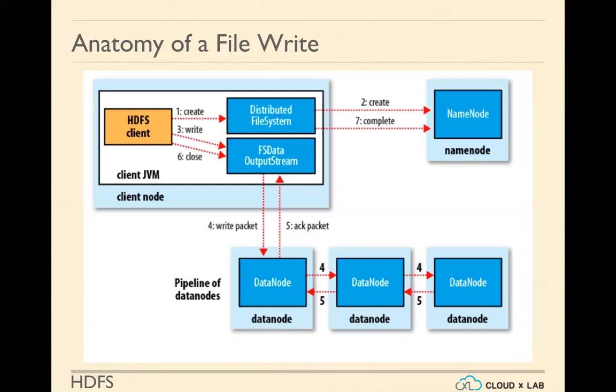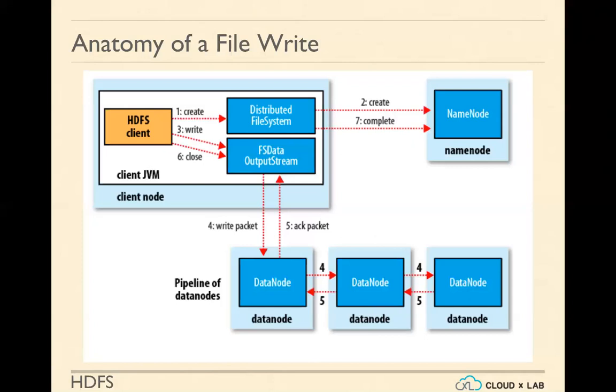A question from Prasant. While writing a block to a data node, step number 4, what if the data node goes down, right? Good question. In that case, first, Hadoop FS, the driver, will try to write to some other node, which the name node must have given it in a list that you can write to any of these.